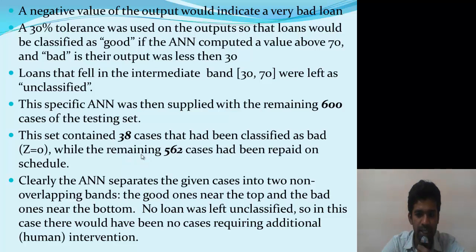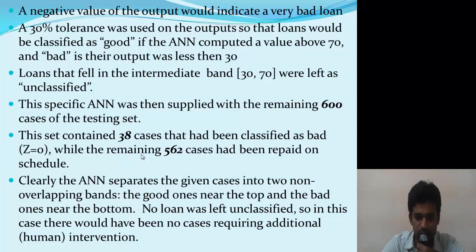This specific artificial neural network was then supplied with the remaining 600 cases of the testing set. This set contained 38 cases that had been classified as bad, that is z equal to 0, while the remaining 562 cases that had been repaid on schedule were classified as good.